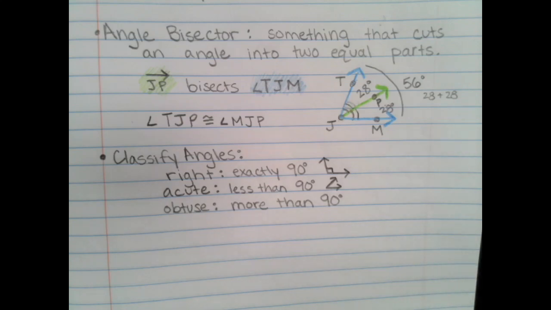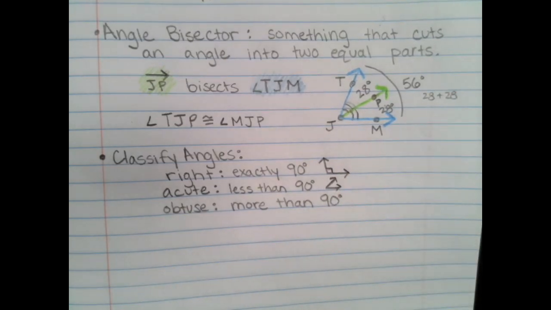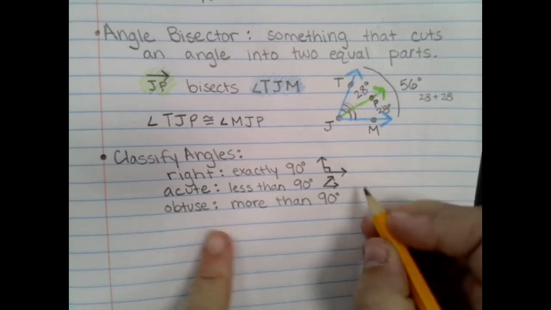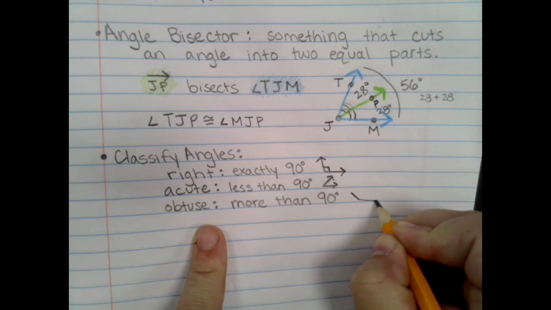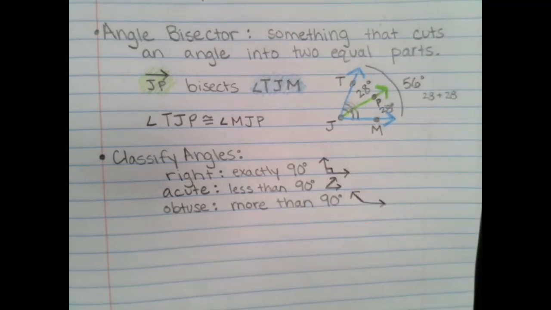Obtuse means like you're so far off the right path. Right is 90 degrees, so obtuse is like you're so far off, you're veering off. So obtuse is we have that bigger angle. So if anyone ever calls you obtuse, they're not calling you big, they're not calling you more than 90, they're saying you're wrong. That you are so far off right.